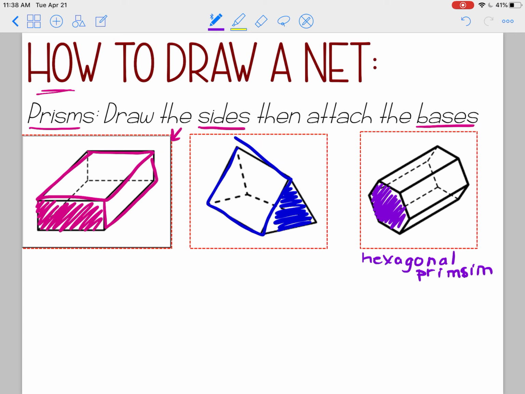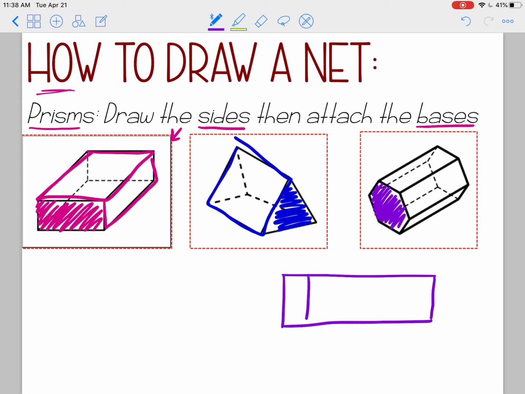We're going to first draw our six rectangular sides, and we know it has six because a hexagon has six sides. So there's 1, 2, 3, 4, 5, 6. Then we draw our two hexagonal ends. Here's our first one, and here is our second one. If we folded it all up, we would have our 3D shape, our hexagonal prism.